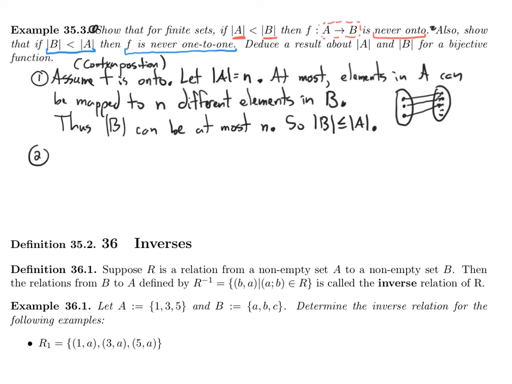Okay, now that you're back, let's do contraposition again. So let's assume that f is 1-to-1 this time. And again, let's let the size of A be n.